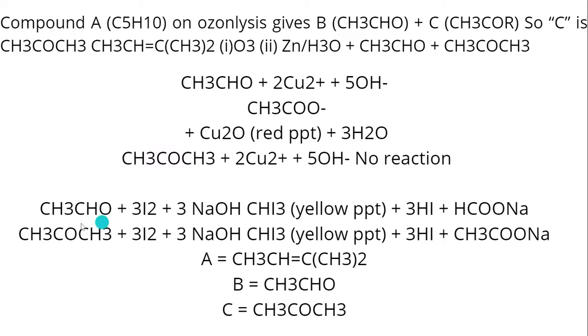The next reaction is CH3COCH3 plus 3I2 plus 4NaOH, which gives CH3COONa plus CHI3, that is the yellow precipitate, plus 3NaI and H2O.